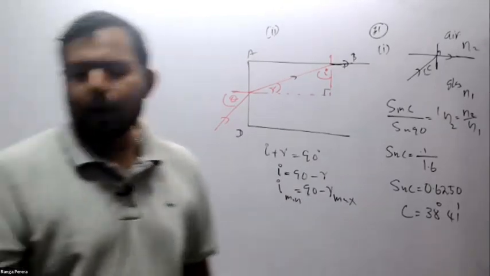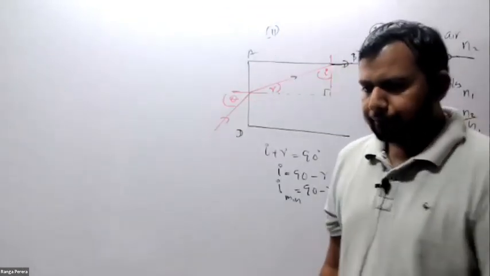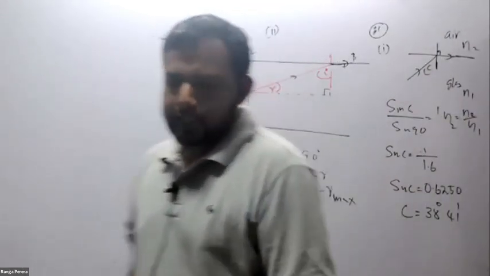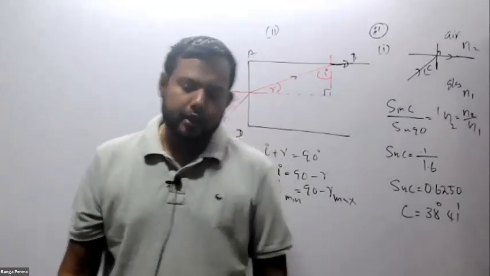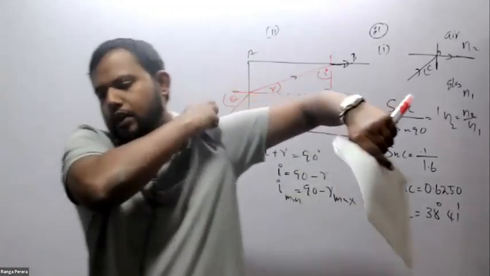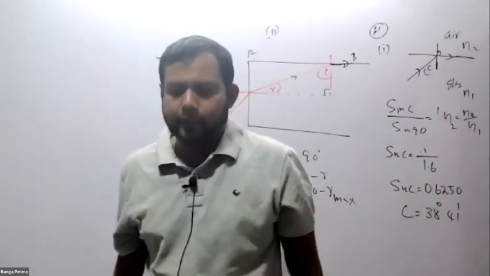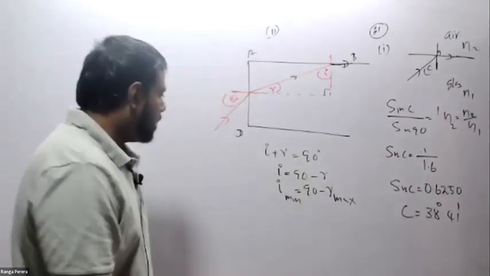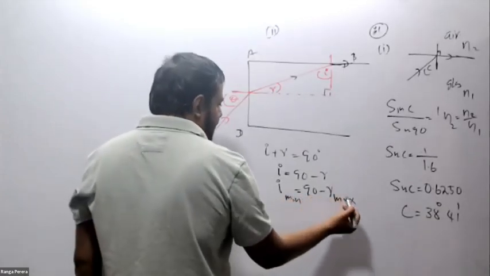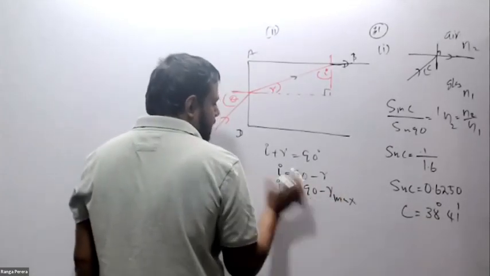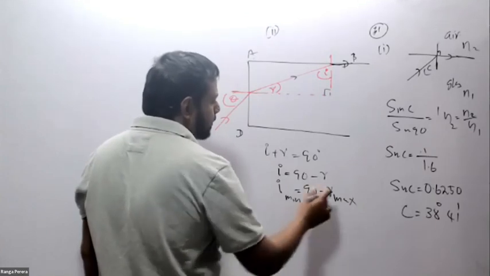When R is maximum, I becomes minimum. Agreed? You need to understand this logic, otherwise you can't do this. I minimum equals 90 minus R maximum, because only at R maximum do we get the minimum value for I.